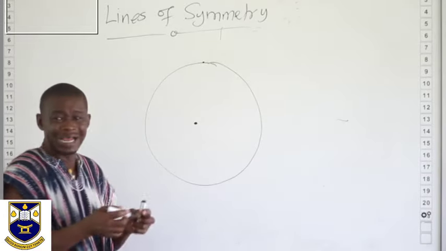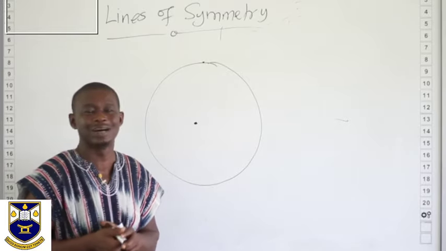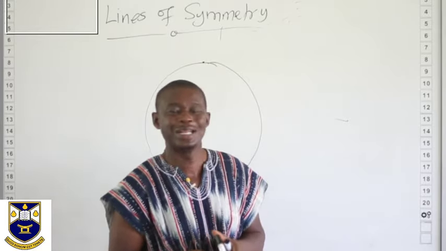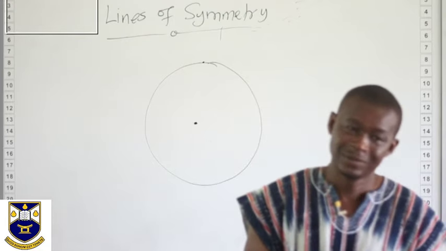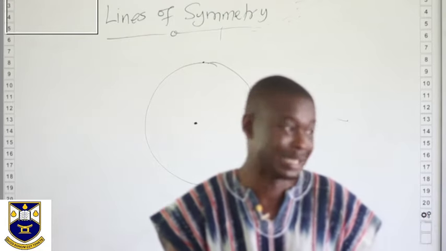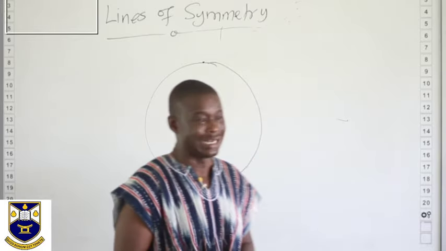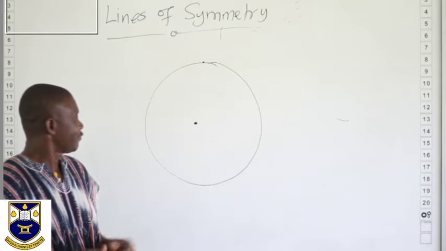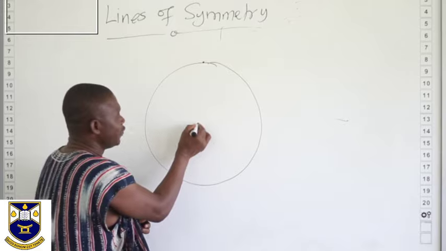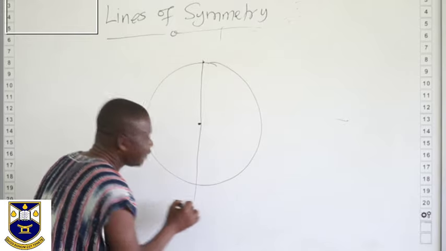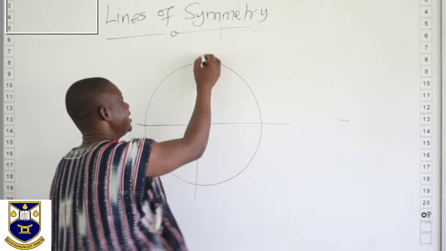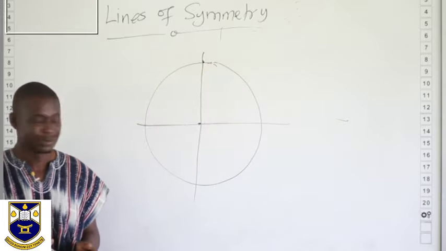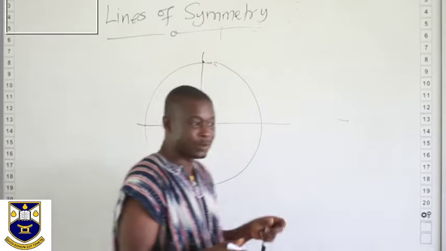Now, how many lines of symmetry do you think this circle will have? You have started counting. Try it and let's see. But from a practical point of view, I can have this one. This is one. This one too can be one. Is that all the possible lines of symmetry?